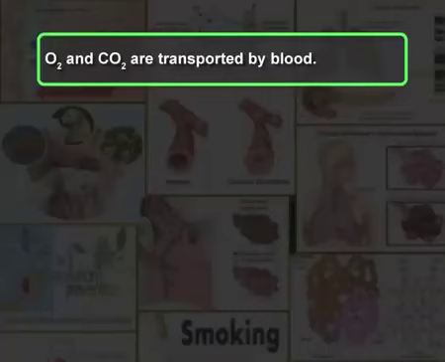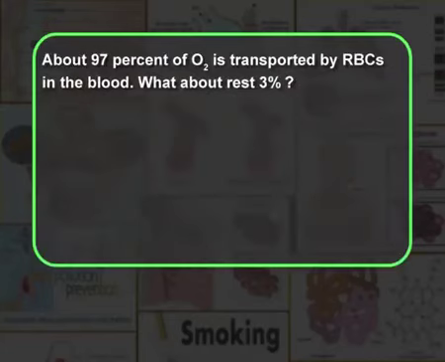After exchange of gases, we will now discuss the transport of gases, that is oxygen and carbon dioxide, and how they are transported. Oxygen and carbon dioxide are transported by blood. About 97% of oxygen is transported by RBCs in the blood. Now, what about the rest 3%?